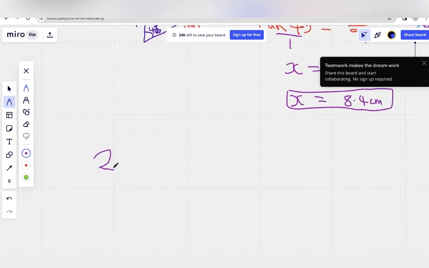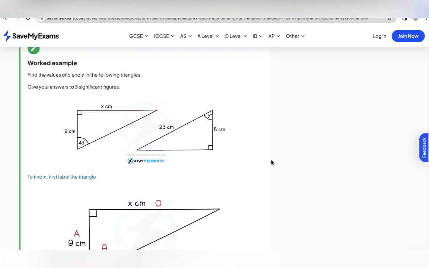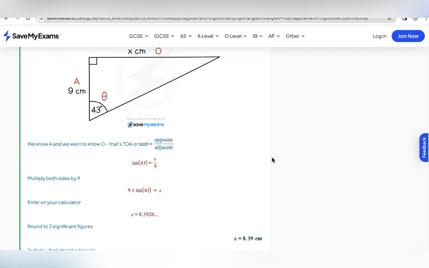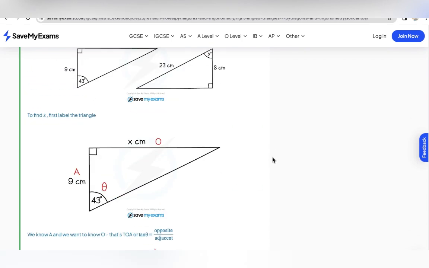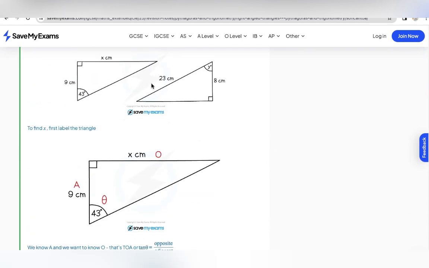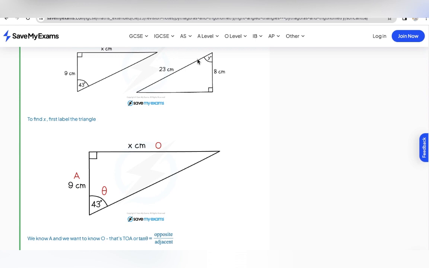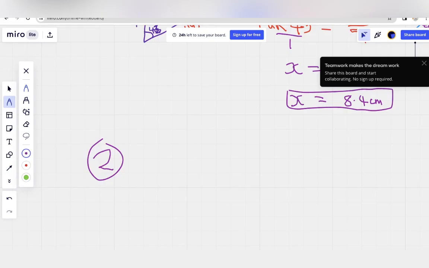Example 2. Let's take example 2. We have 23 here, we have 8 here, we have y here. We have 23 in the longer side, 8 here. So let's draw this one and look at this one quickly.